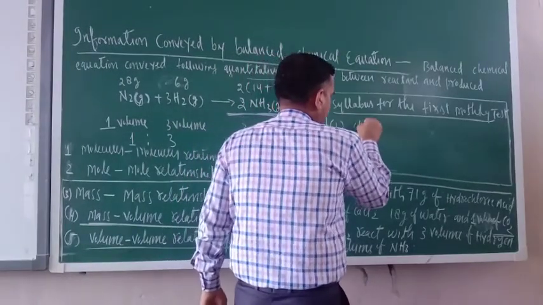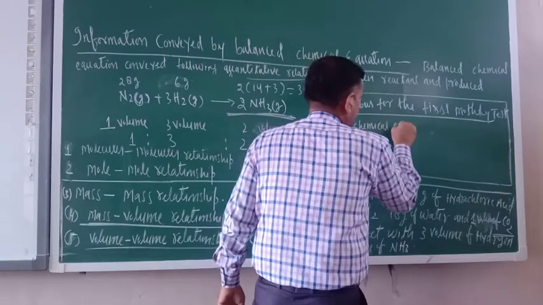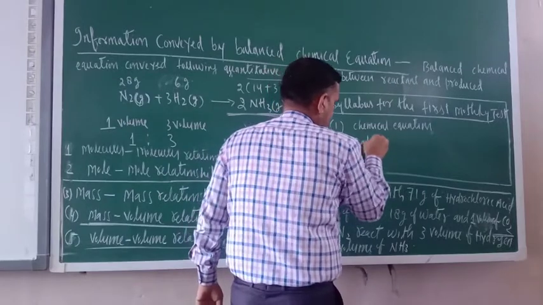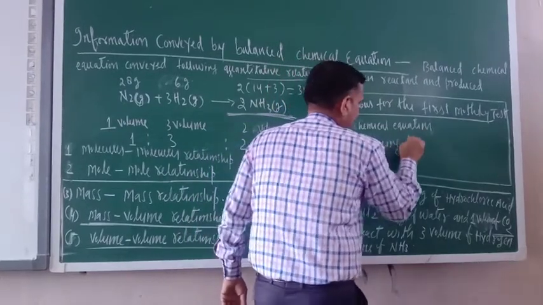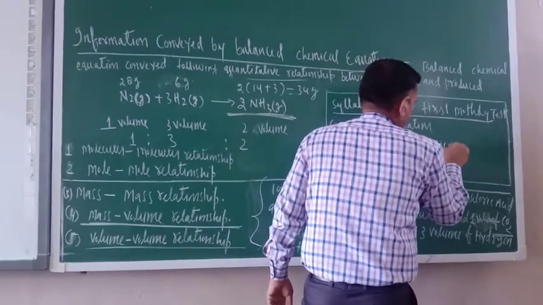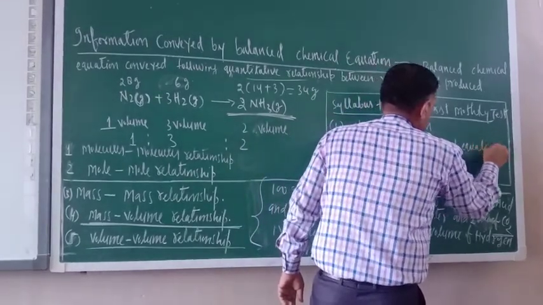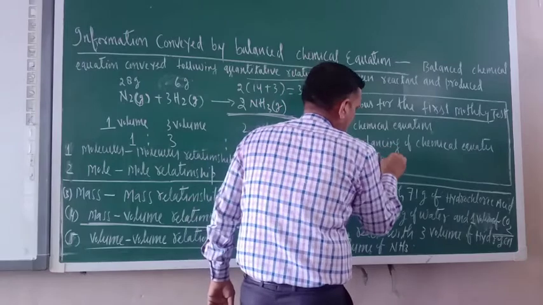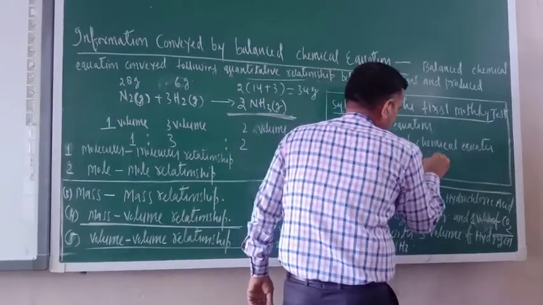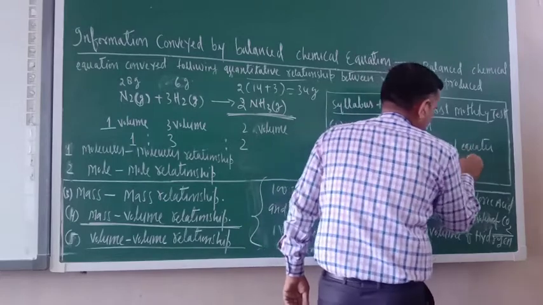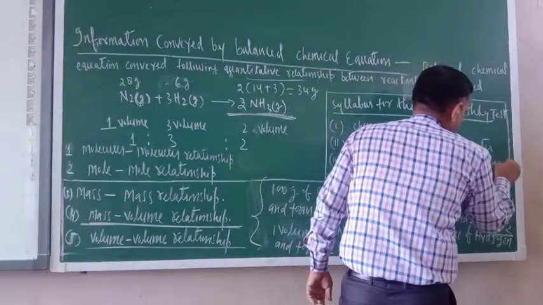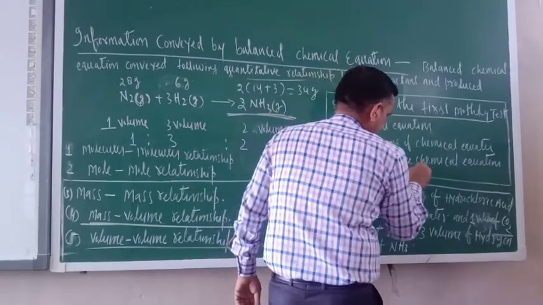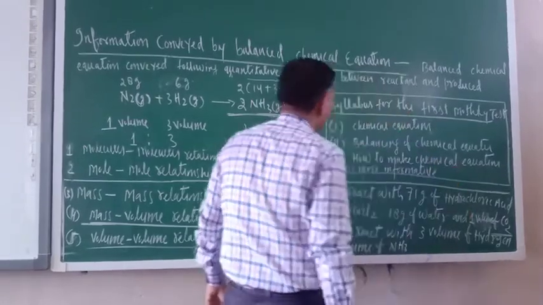Just see, chemical equation, balancing of chemical equation. Second one is balancing of chemical equation. Third one is how to make chemical equation more informative. How to make chemical equation more informative.